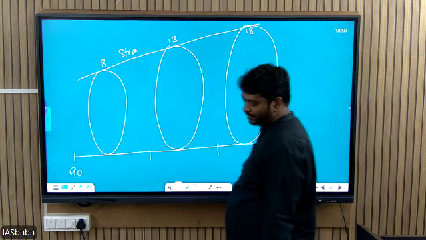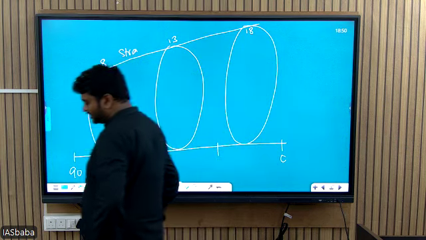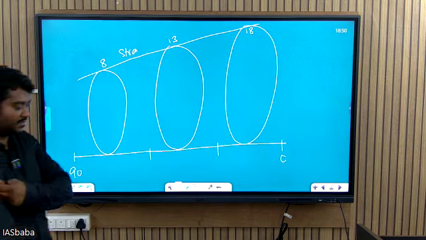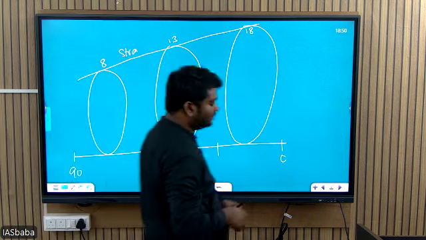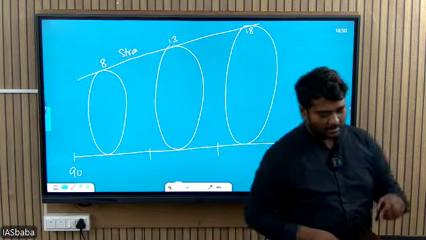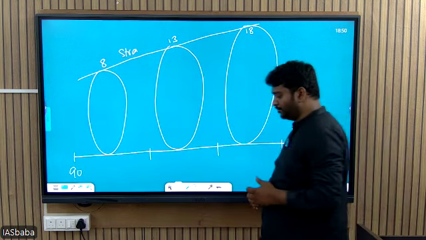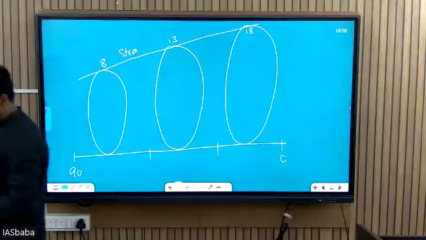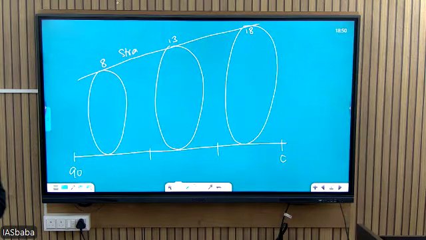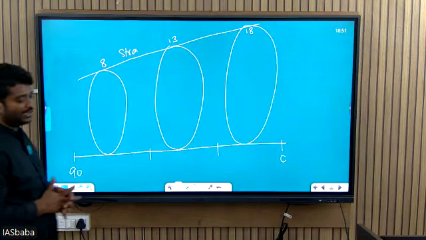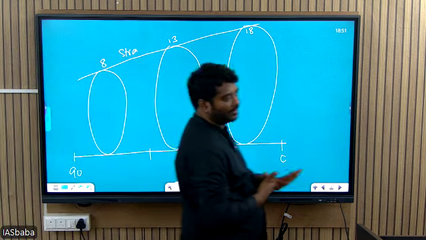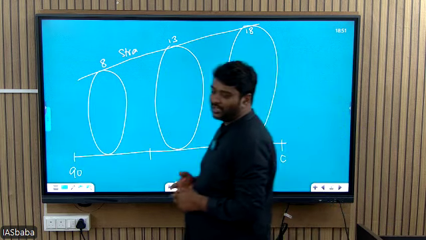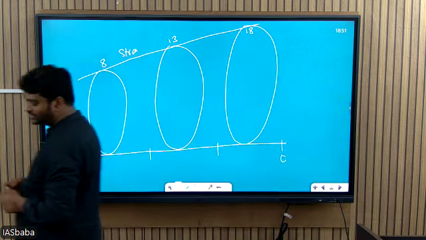First one, controlled airspace - it is normally 12 kilometers from the ground surface.